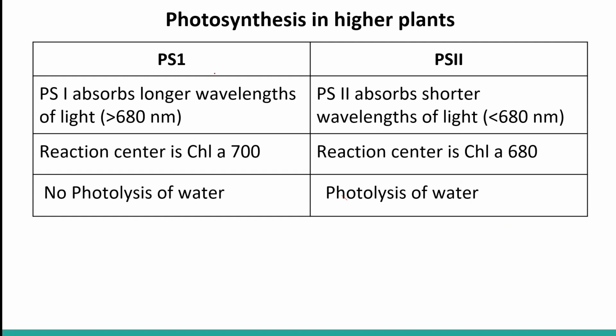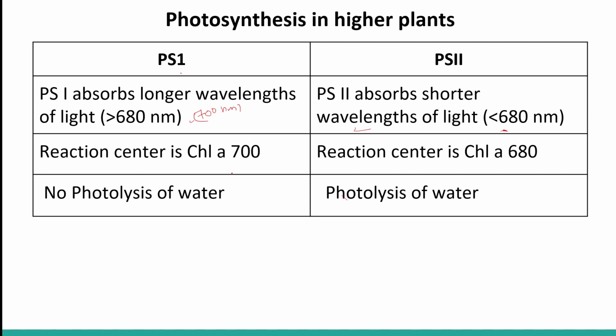Now let us discuss a little bit about photosystem 1 and photosystem 2. Photosystem 1, which has the reaction center chlorophyll A, absorbs longer wavelengths of light, more than 680 nanometer, and usually we say it absorbs light of 700 nanometer. Whereas photosystem 2 absorbs shorter wavelengths of light, 680 nanometer or less.